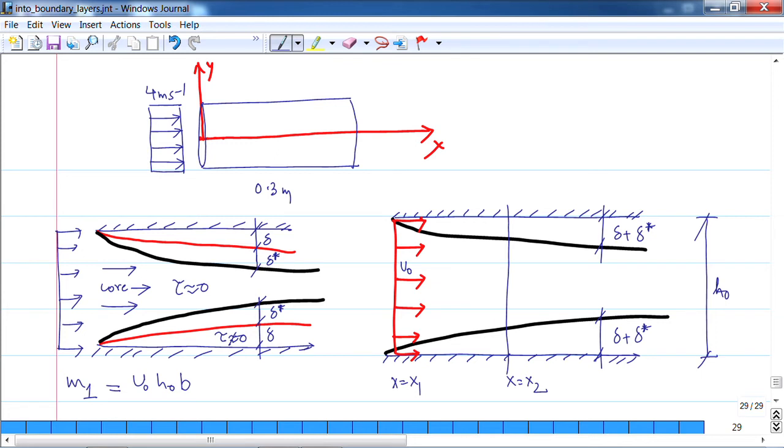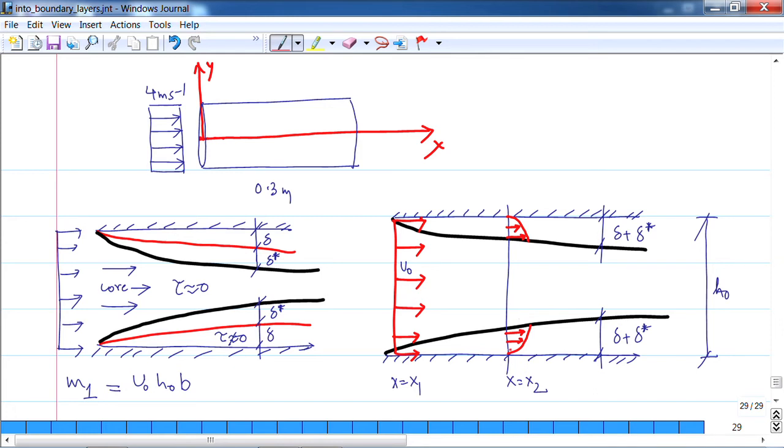Now, we clearly know that the velocity through this is going to be something like this, and the velocity from here to here is also going to be something like this, because of the existence of the boundary layer. That means that say this is the delta here. So, the corresponding height here, we are not going to be able to keep the velocity at u naught.